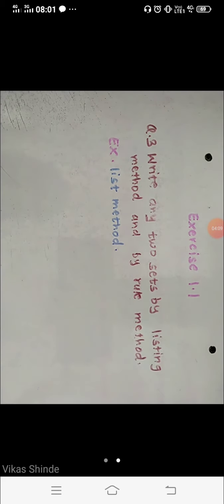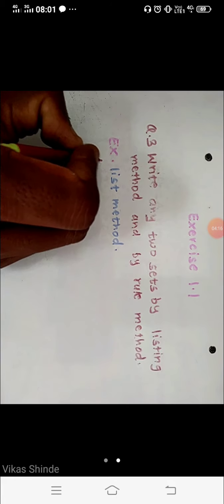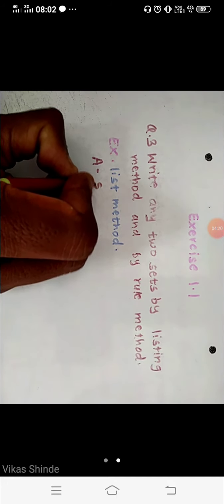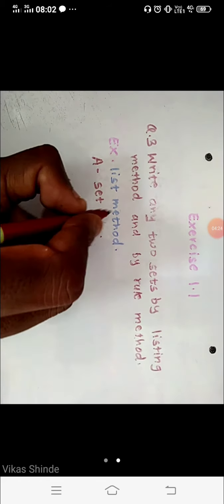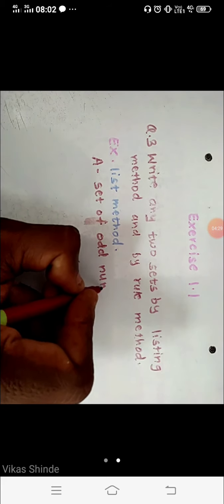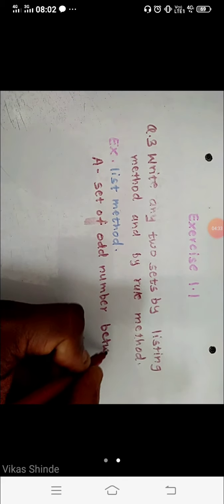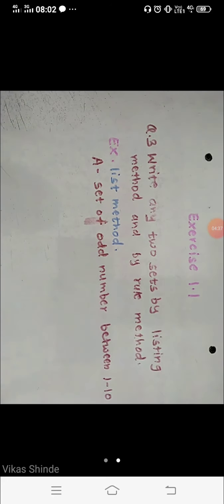Suppose I write here one example. Suppose set A is the set of odd numbers between 1 to 10. Look here, set of odd numbers between 1 to 10.